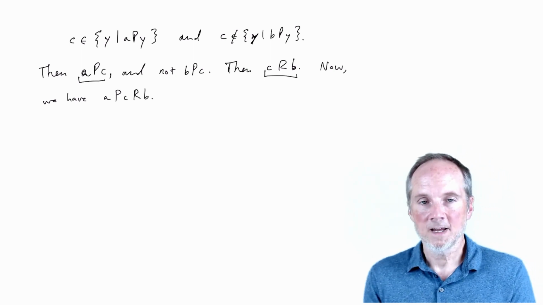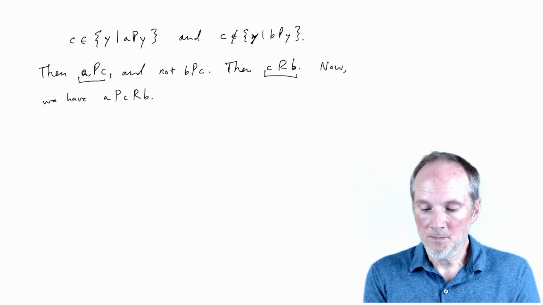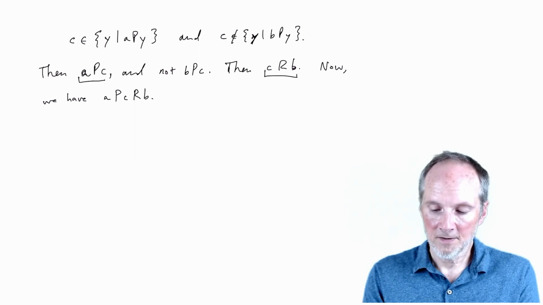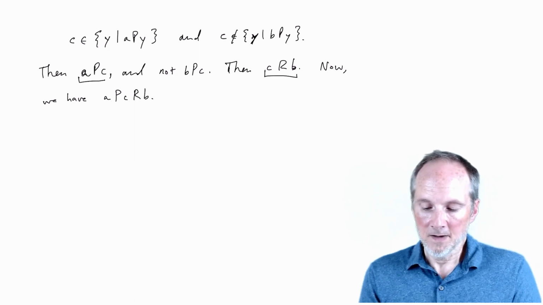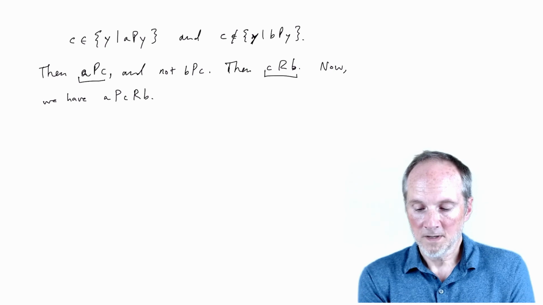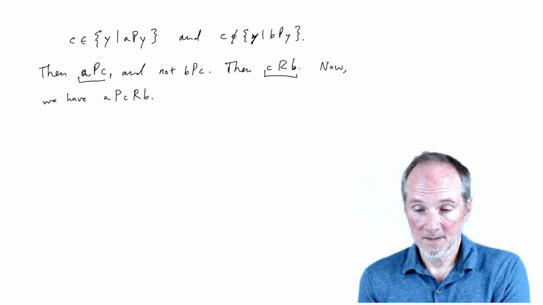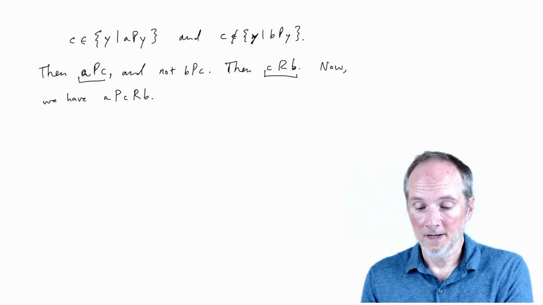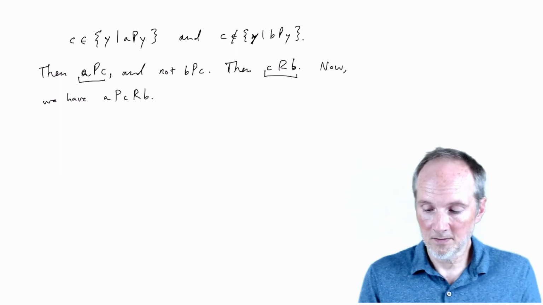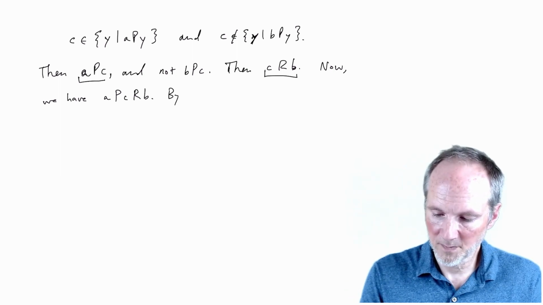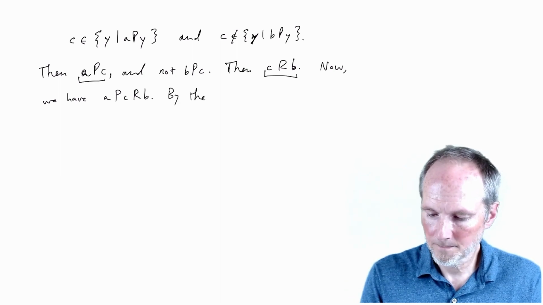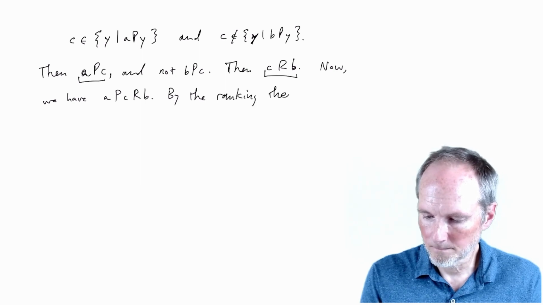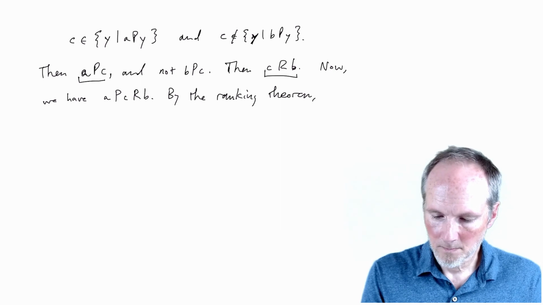Now if you remember the ranking theorem, there were two parts to the ranking theorem. I believe this was the first one. If one alternative is strictly better than the second, and the second is at least as good as the third, then the first is strictly better than the third. So let me just write by the ranking theorem. The first is strictly better than the third.